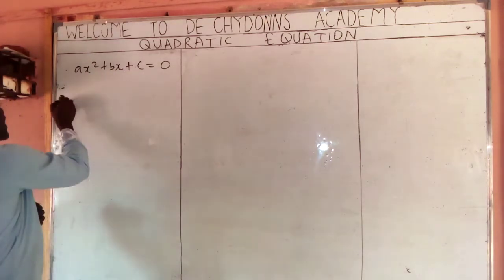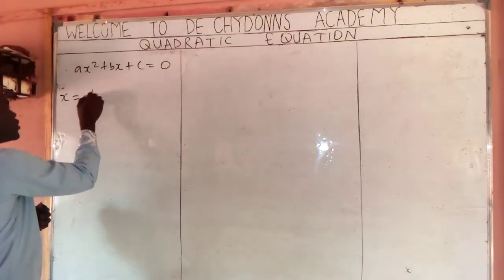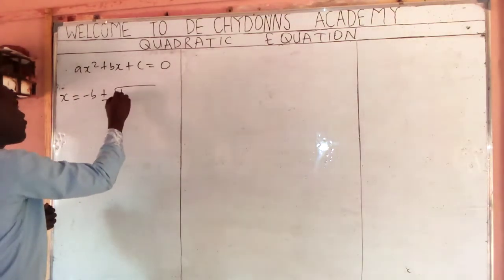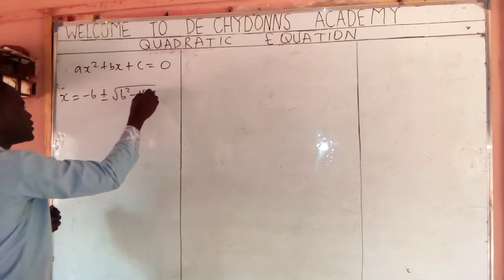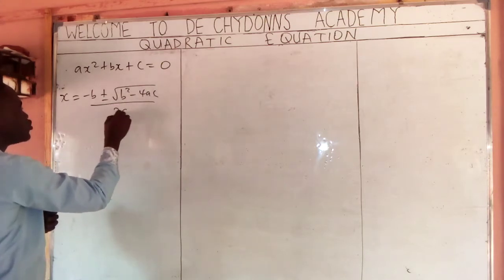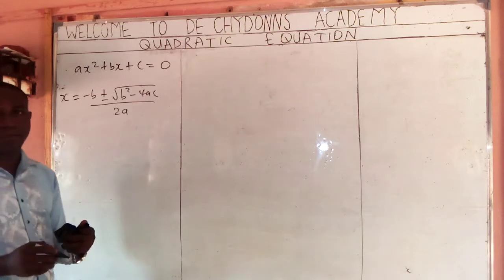So we derived the quadratic formula to be x equal to minus b plus or minus square root of b square minus 4ac all over 2a. Okay?